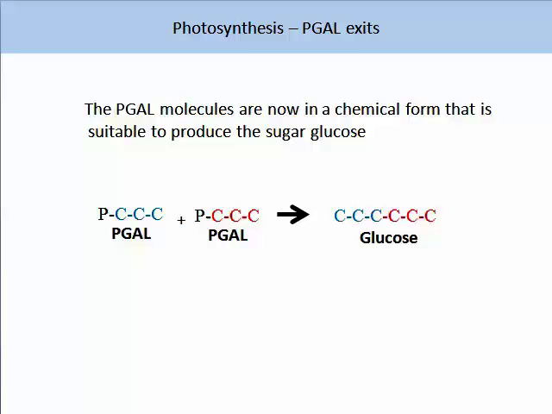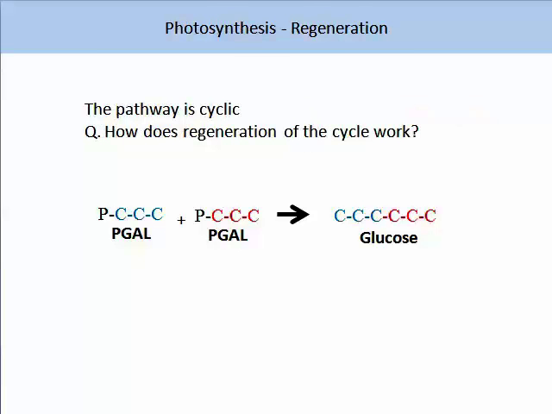So if one of these molecules exits, how does the pathway continue? At the beginning of this presentation, we were told that the Calvin-Benson cycle was in fact cyclic. So we need to look at how regeneration occurs.